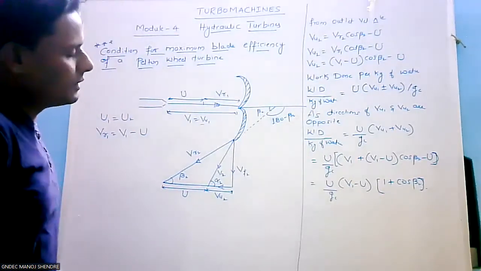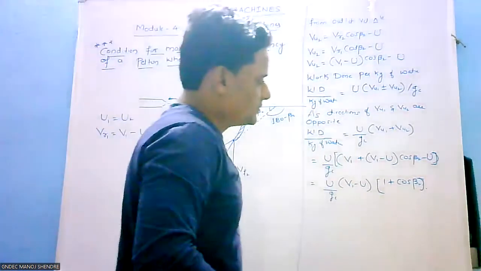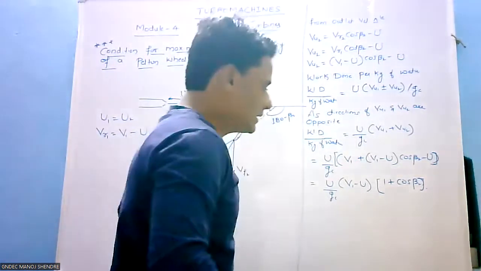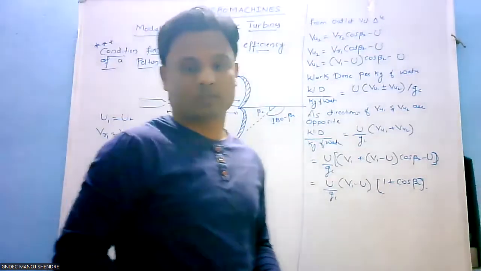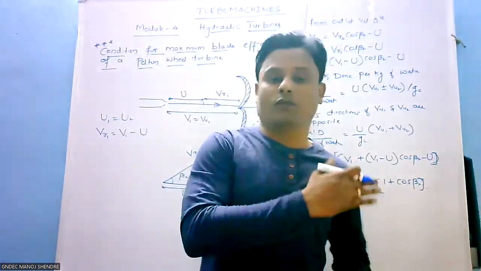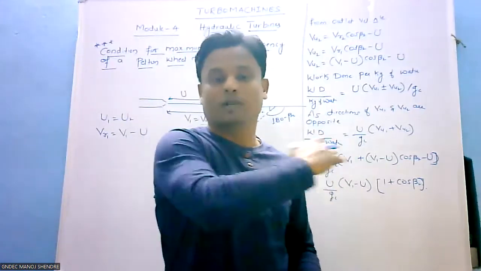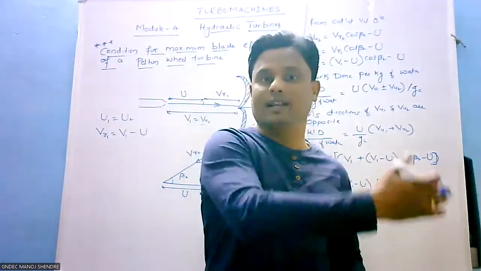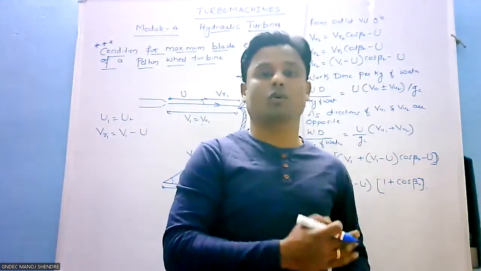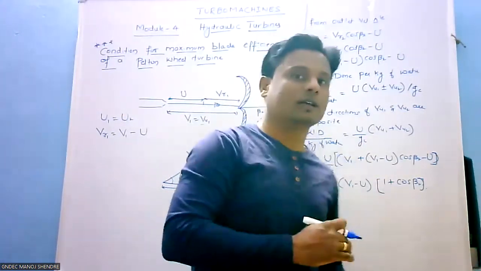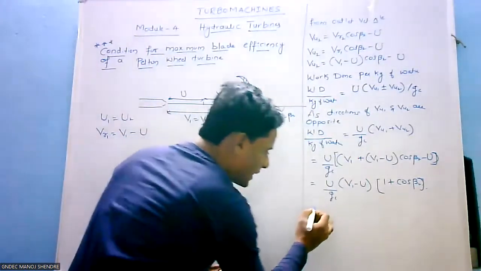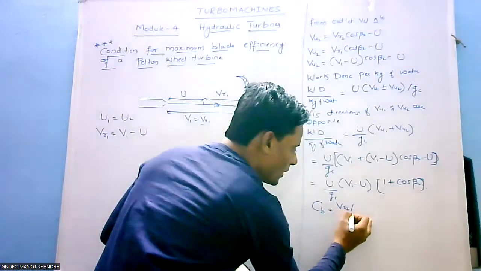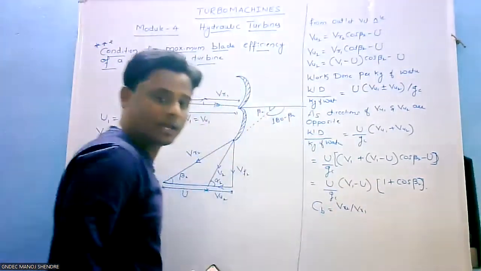Now, if we consider the frictional losses, while the water flows over the blade, there is a friction loss between the flowing water and the inner surface of the blade. That is called the blade coefficient, given by CB equals VR2 by VR1.